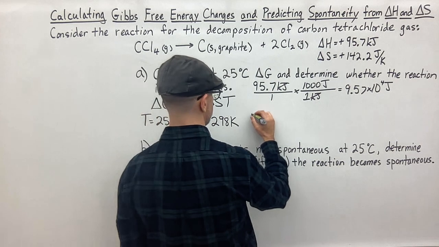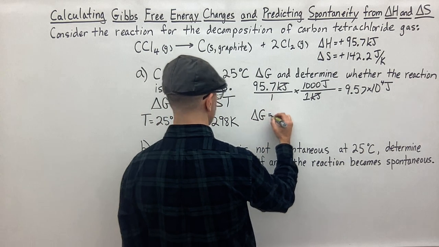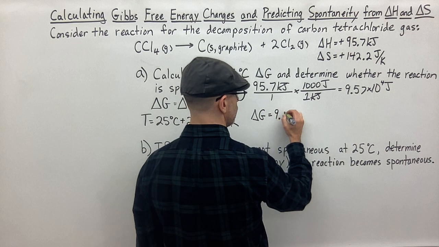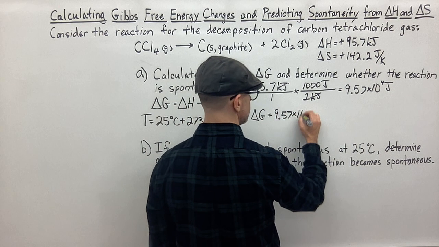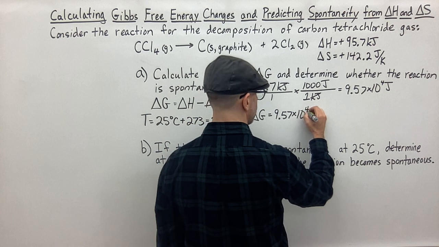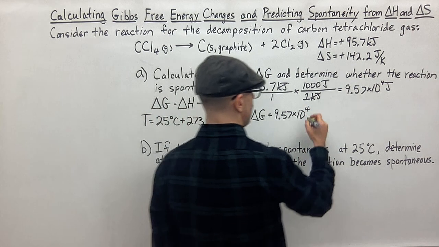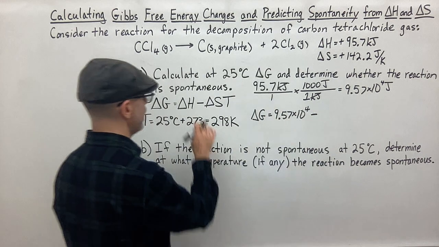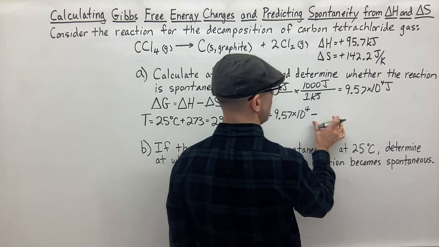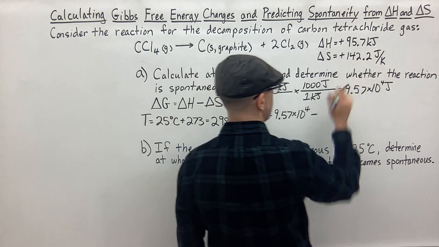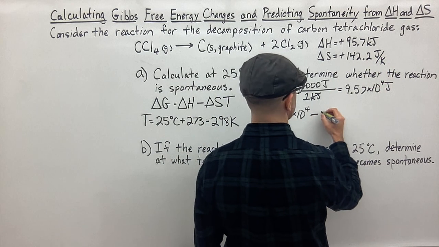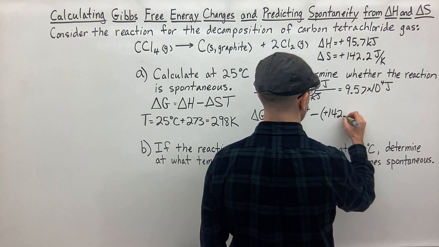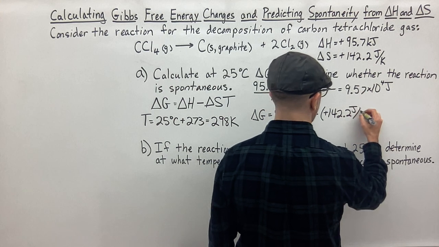So we're going to write it down here. So delta G is equal to delta H, which we just got here. So that's going to be 9.57 times 10 to the 4th. Okay. And we're going to subtract that from, and then the delta S. So here's our delta S. So we're going to subtract, and that's going to be a positive 142.2 joules per Kelvin.